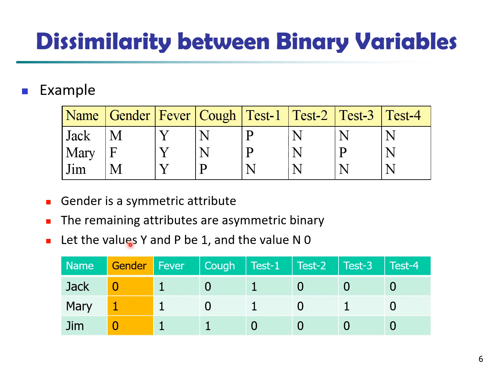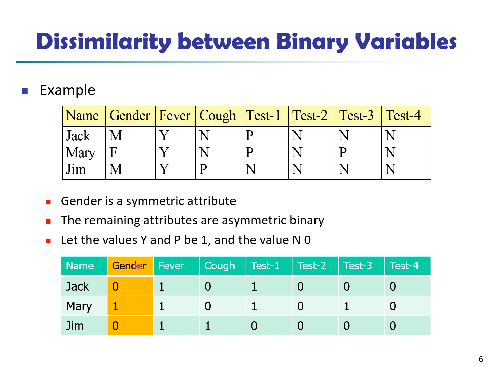And for Y, which is yes, and positive, we will give it 1, because if you remember when we spoke about binary variables, we said we give 1 to the most important value. Yes will get 1, and also P will get 1, while N, which is no or negative, will all get 0. So I simply translated this table into this table using zeros and 1 encoding.